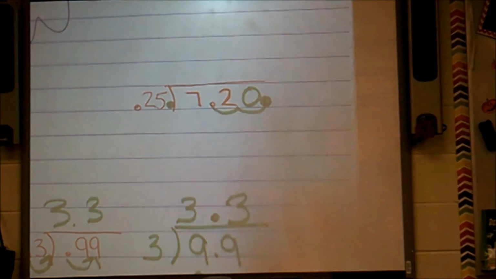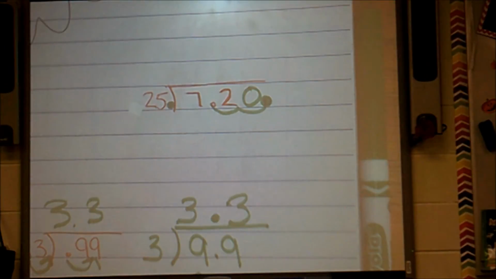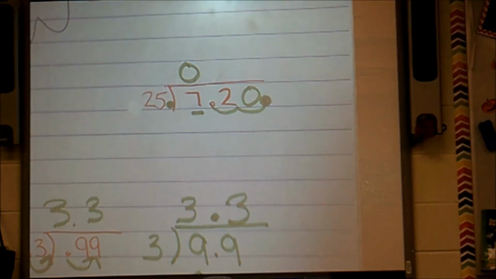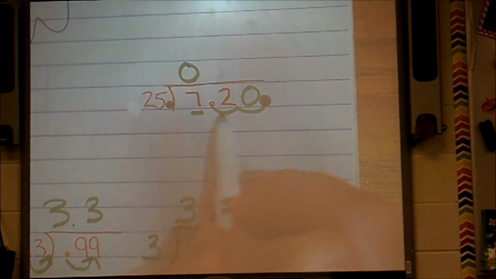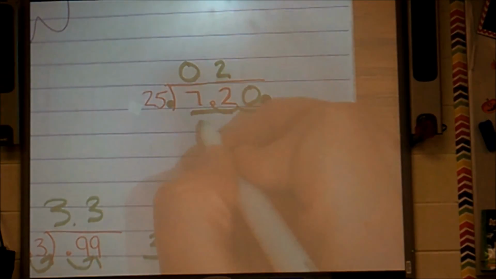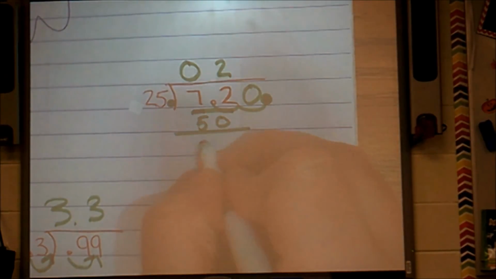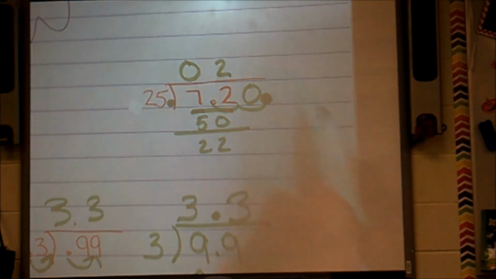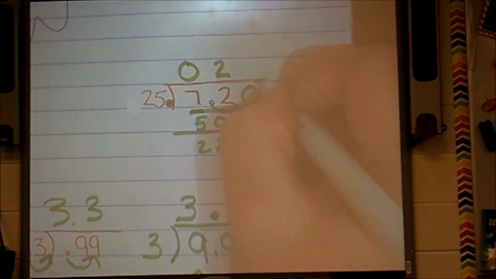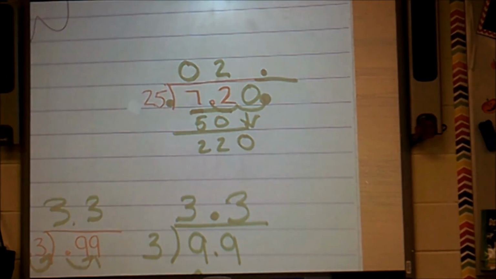And here, there. 25 divided by 72 is 0. 250 divided by 72 is 2 and gives me 50 and 22. Bring down my 0. Don't forget, I forgot it, but don't forget to put up that UFO.